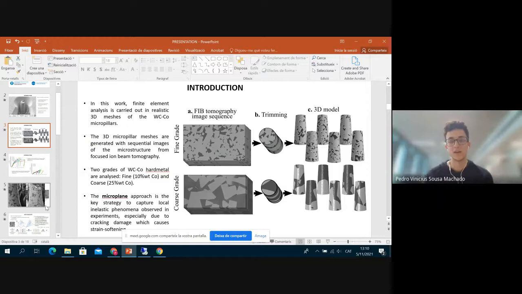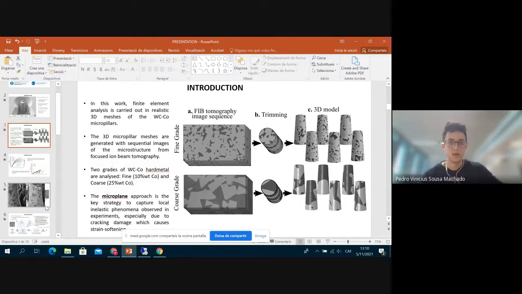I actually don't know if they are used for this specific application. What I've seen is that you don't need to use FIB tomography specifically to take these sequential pictures. What you need to rebuild the microstructure in 3D on the computer is a sequence of images of this microstructure.